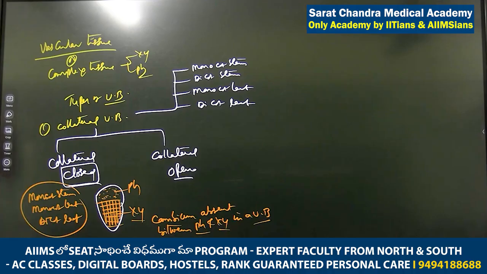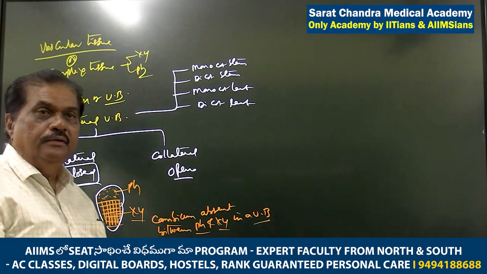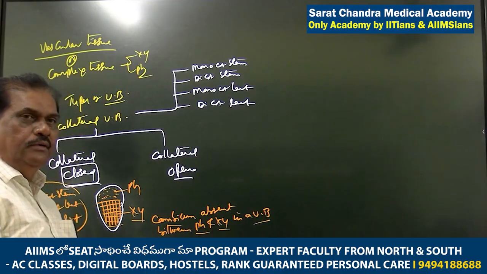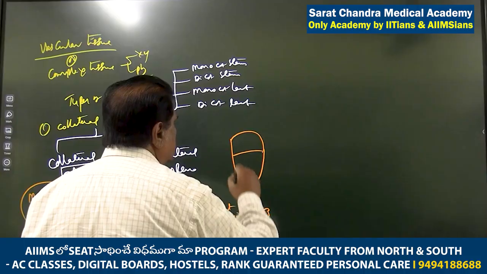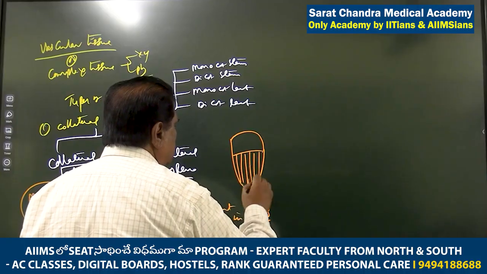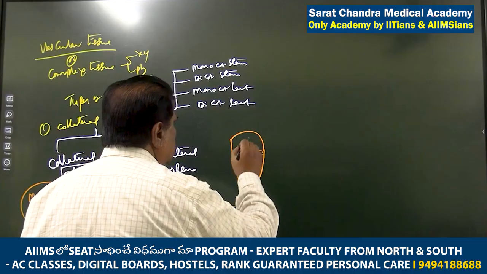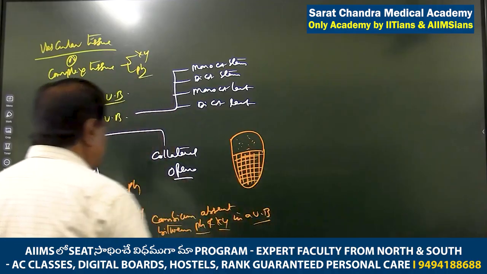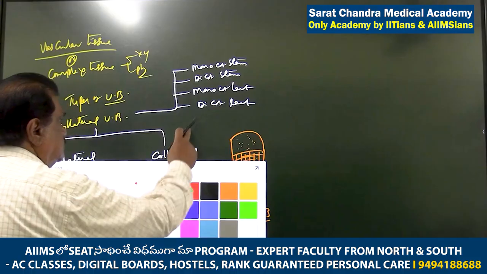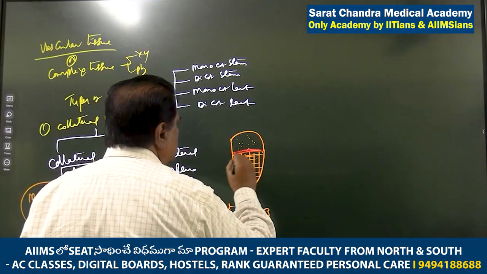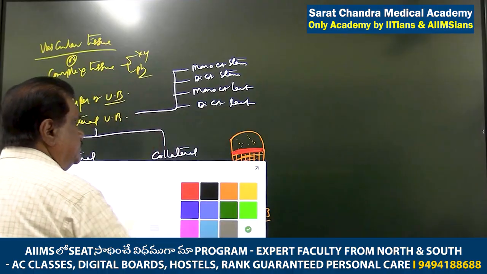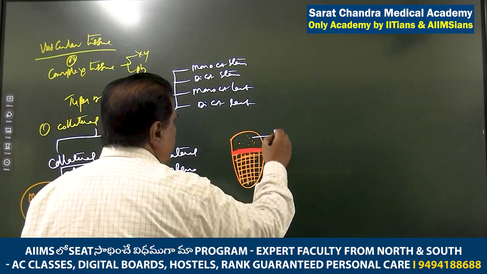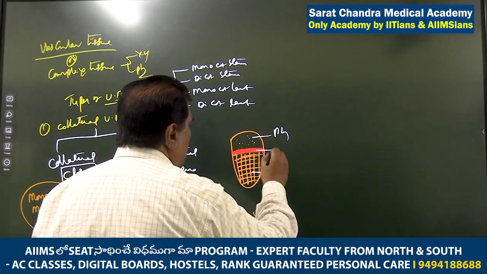Next, the second one is collateral and open type. What is open? Having cambium between phloem and xylem. So this is phloem, this is xylem, and this is cambium.